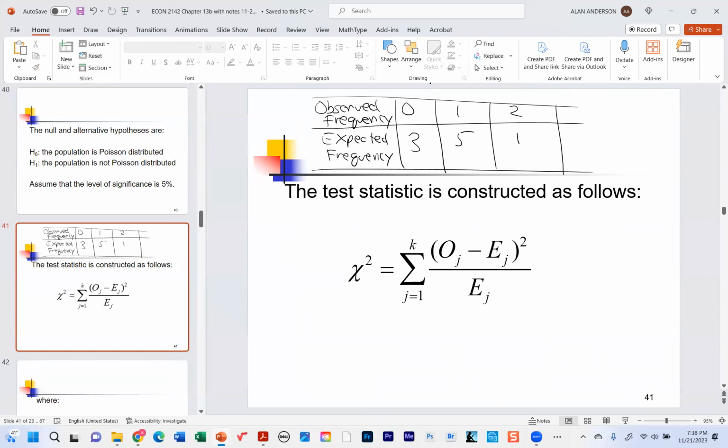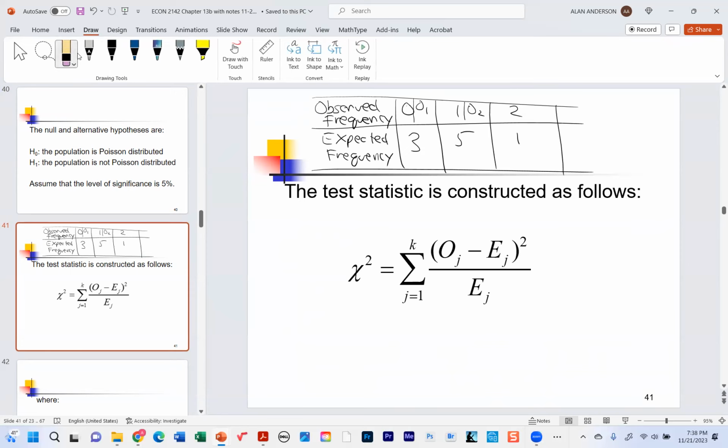So these O's are the observed frequencies. This is O1. This is O2. And this is O3. Actually, let me leave myself just a little more room here. This would be what we mean by O1, O2, O3. This is E1, E2, and E3.